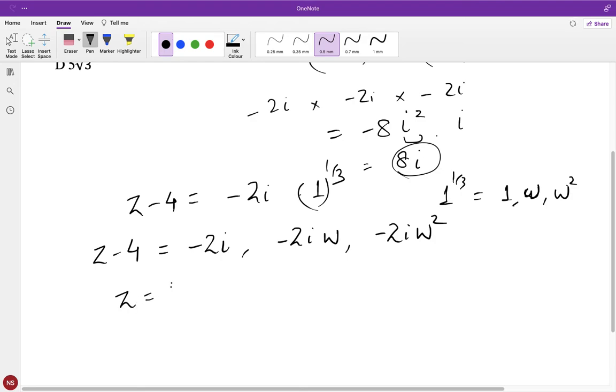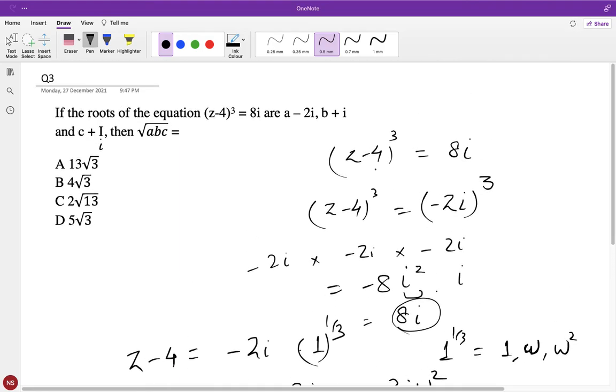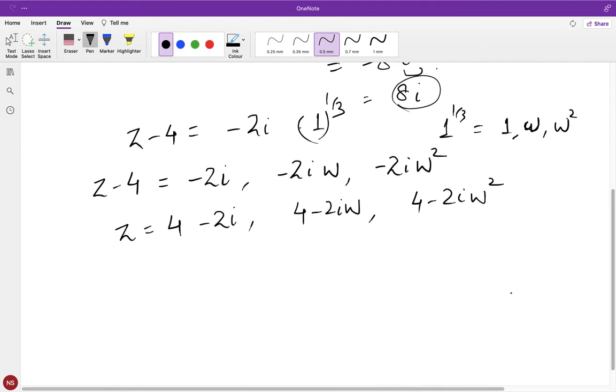So z is equal to 4 minus 2 iota, comma, 4 minus 2 iota omega, 4 minus 2 iota omega square. But when you compare it, you see a minus 2i, b plus I, and c plus I. So I cannot write the cube roots this way.